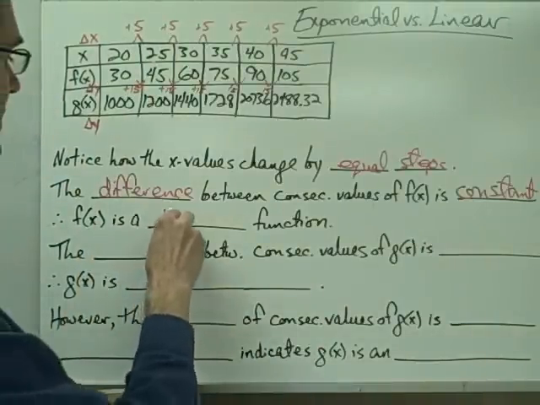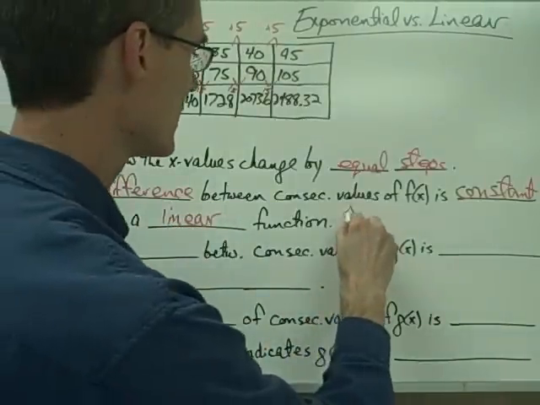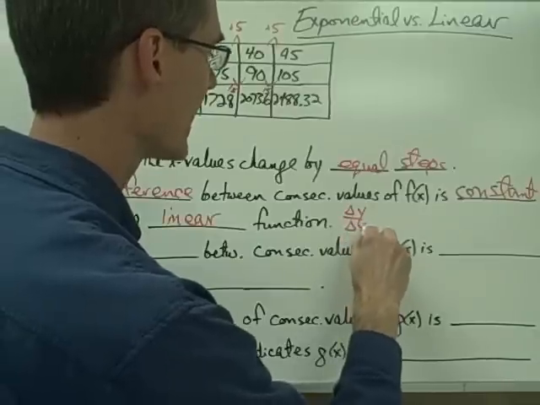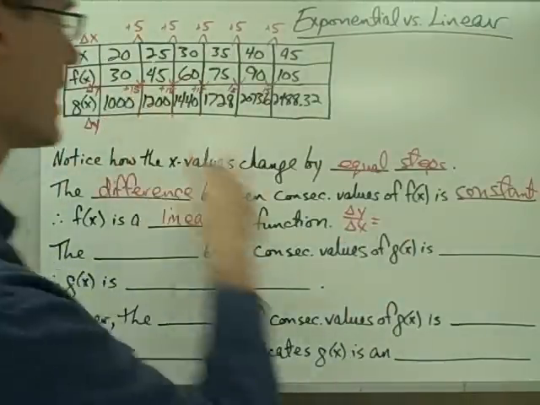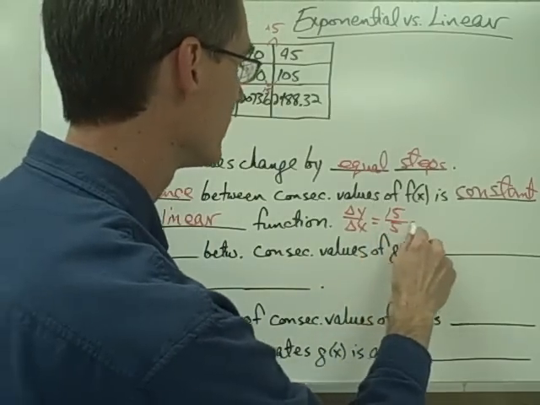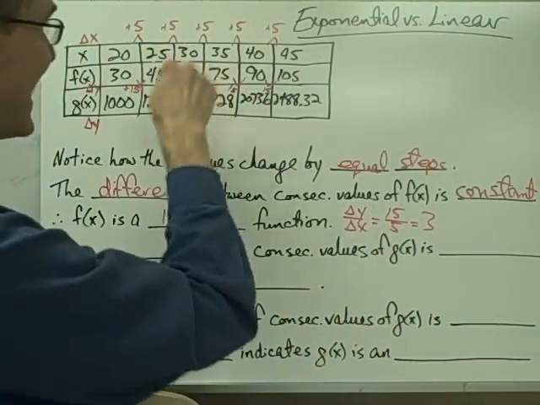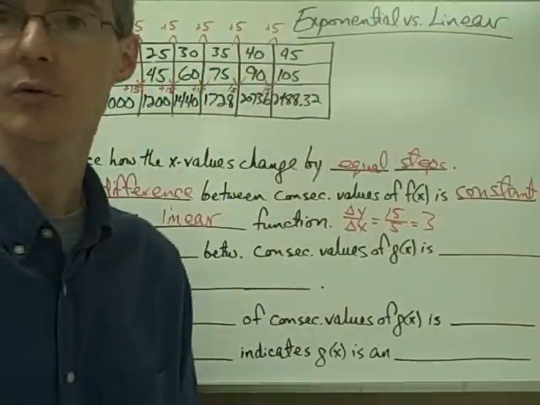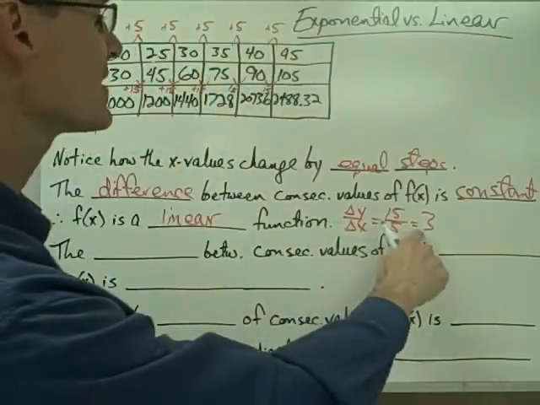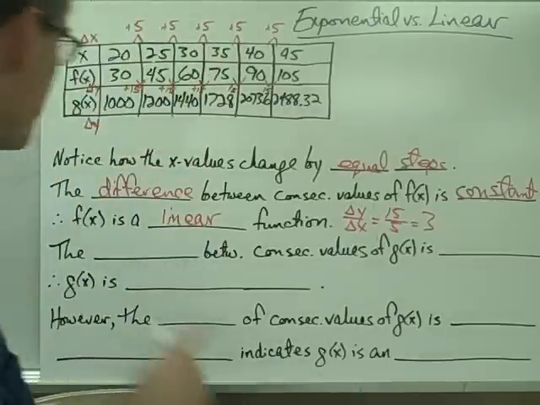Therefore, I know f of x is a linear function because delta y over delta x, in this case, all my delta y's are 15. My delta x's are all 5. So delta y over delta x is always going to be 3 for any pair of points that I choose. All right, so I've got a constant value of delta y over delta x. That's the definition of a linear function.